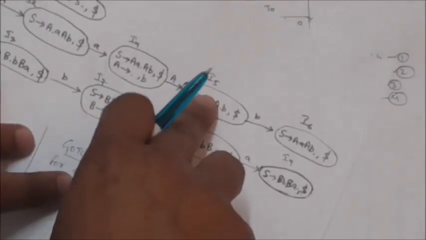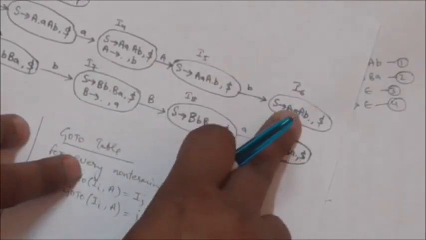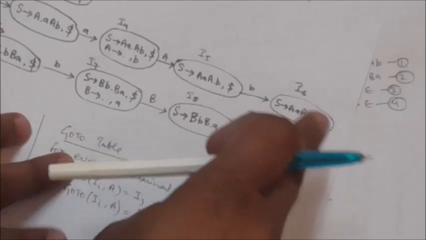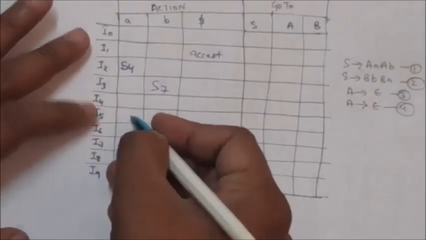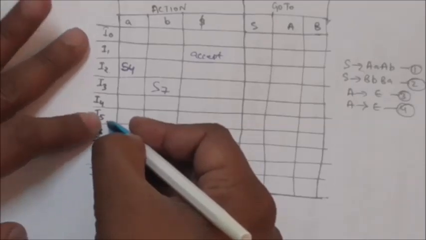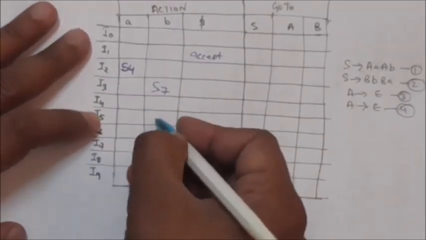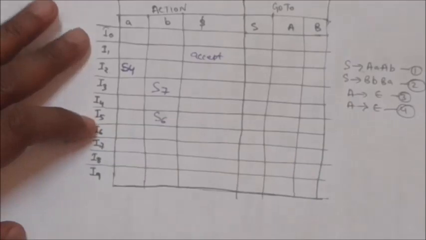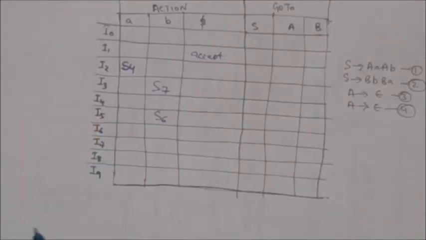Now here you can see the transition from state I5 to state I6 for terminal symbol B. So in the row labeled by I5 and column labeled by terminal symbol B, we will write S6. It means shift and jump to state I6.